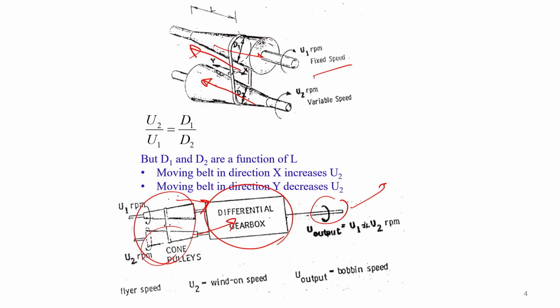This total arrangement, the cone drum mechanism, shifting mechanism, and the differential gear mechanism will be dealt with separately, but at present we are trying to understand the basic twisting mechanism and their relationship.